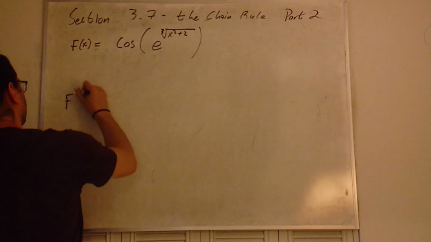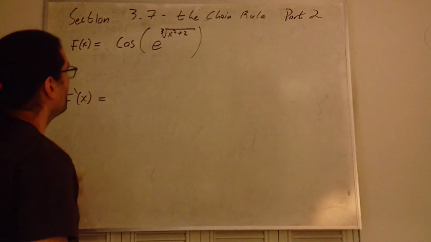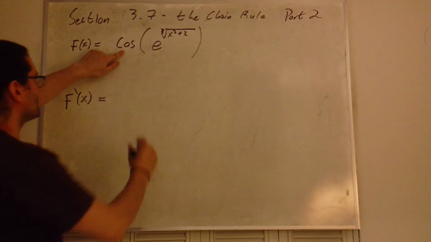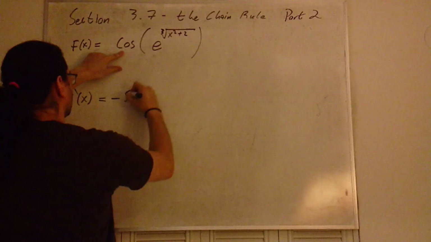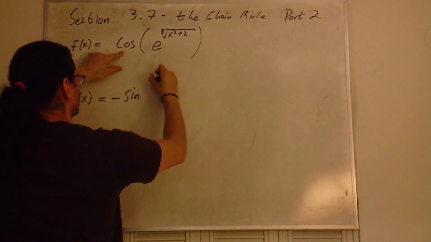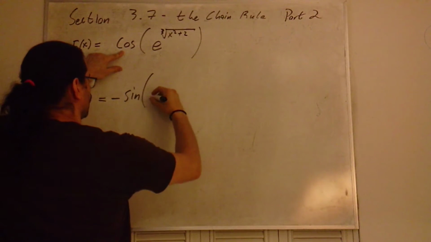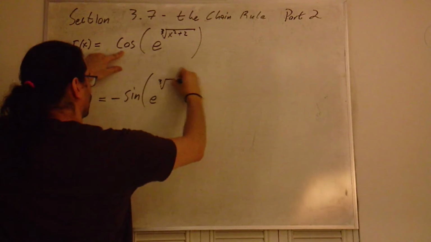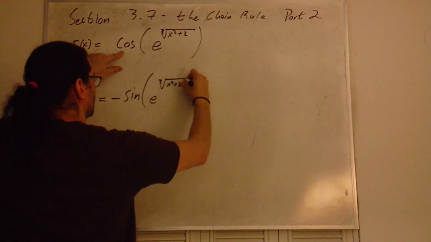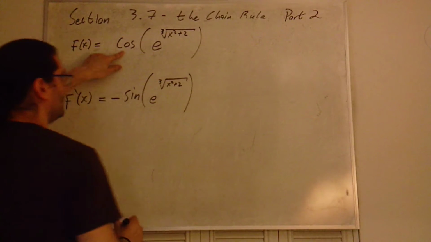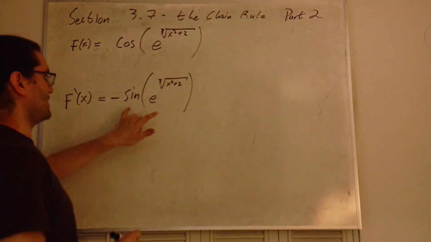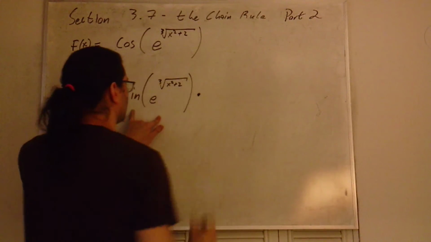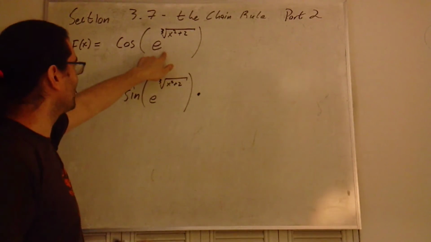So, f prime of x equals, the outermost piece here is a cosine. Derivative of cosine is negative sine. The blob never changes. E to the cube root of x squared plus 2. This is the derivative of the outside. I multiply this by the derivative of what's in here next.